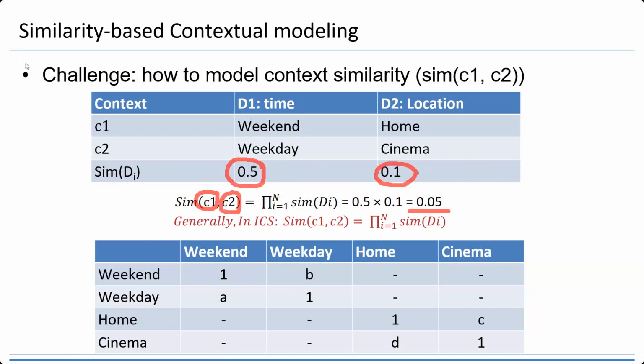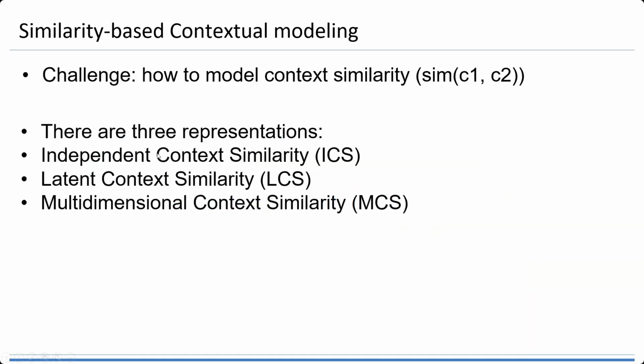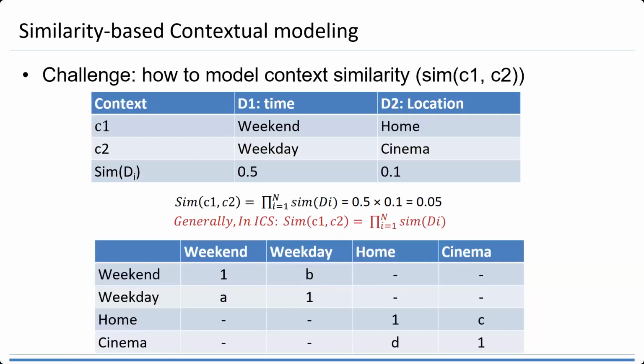So this is the idea of ICS. ICS is the independent context similarity. So we just calculate the similarity value.